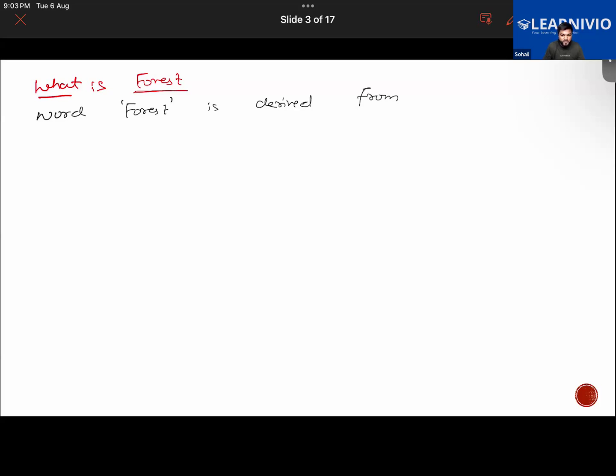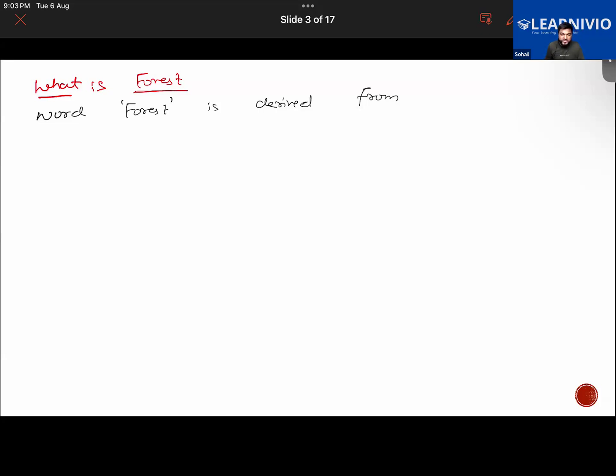Very good. In the simplest way, we can define it like that, right? Sir, and also forest is a habitat of a variety of living beings, including animals, plants, and microorganisms. Yeah, exactly.